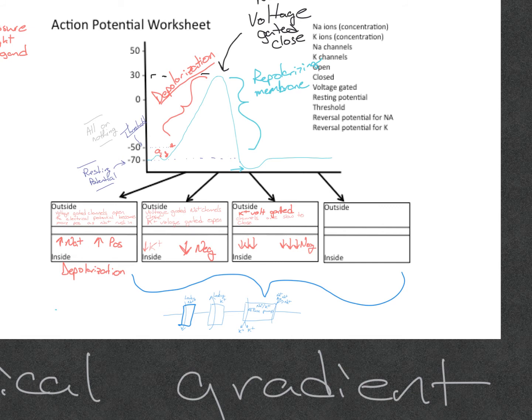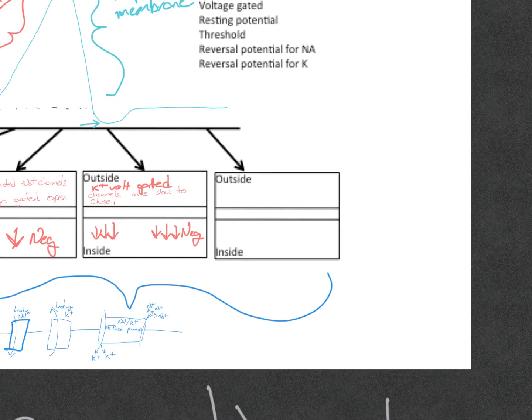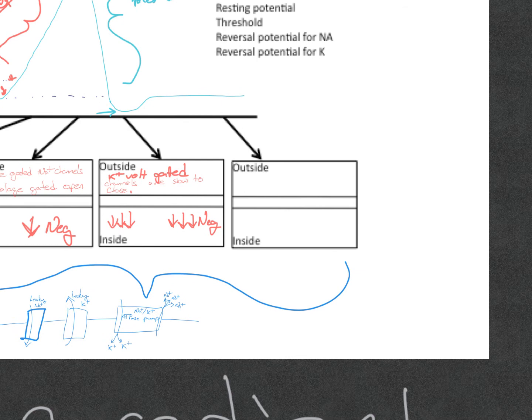But at the very end of this, the potassium channels are slow to close, but they finally do close. And once they close, the potassium ions decrease outside.